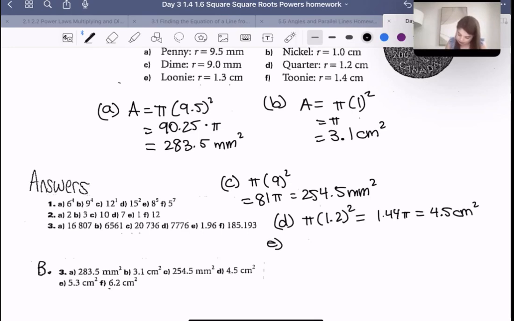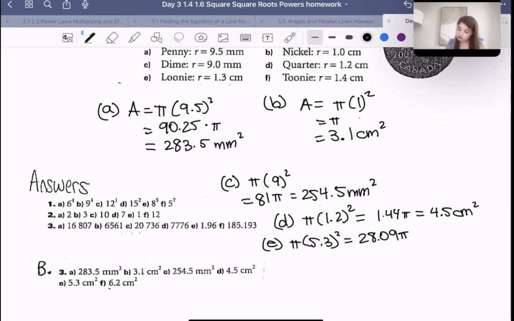All right, then we have E, which is going to be pi times 5.3 squared, which is 28.09 pi, which if we multiply that by pi, we're going to get, oh no, sorry, where did I get 5.3 from?